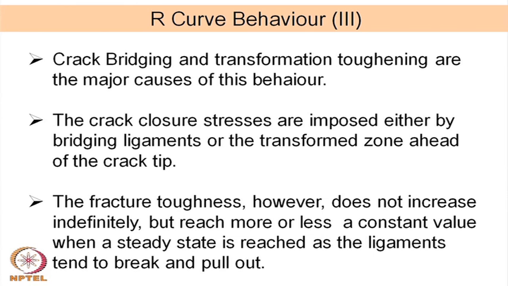The fracture toughness, however, as I mentioned a few minutes back, does not increase indefinitely, but reaches more or less a constant value when a steady state is reached, as the ligaments tend to break and pull out. So, after some time the stress builds up and the ligaments or the fibers get broken, or debonding also takes place.